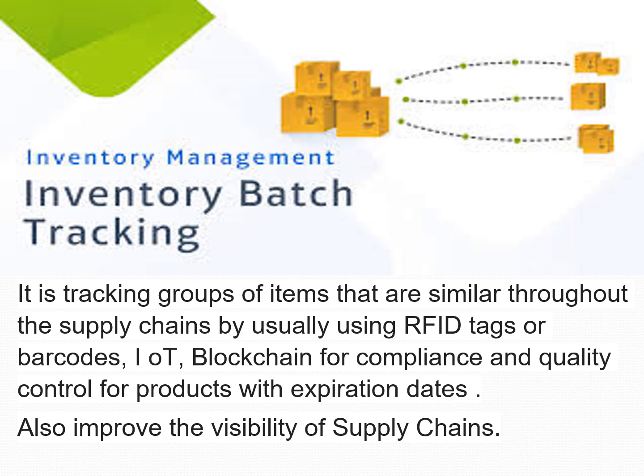Companies that use batch tracking usually utilize RFID tags, barcodes, IoT, or blockchain to track the products. This can be particularly beneficial for compliance, quality control for products with expiration dates, and also improves the visibility of supply chains.